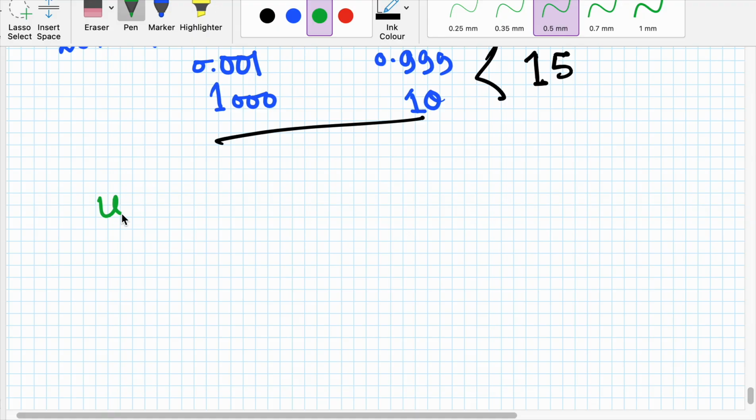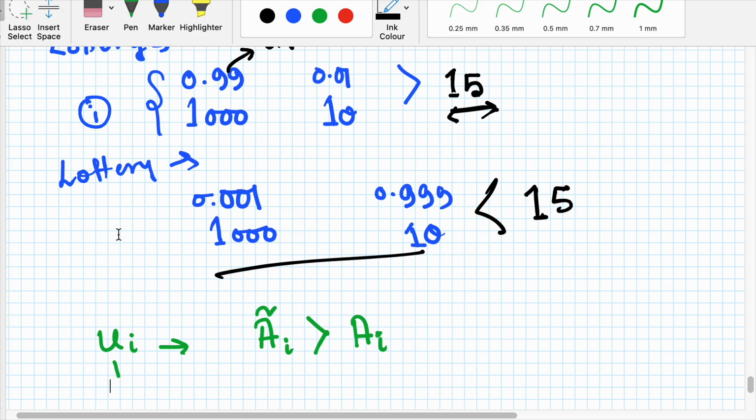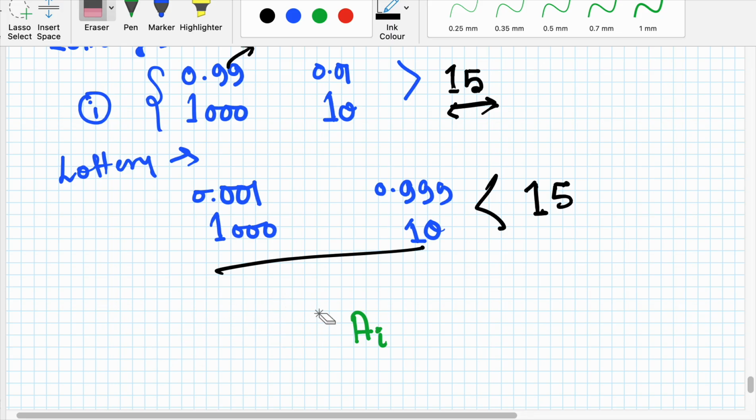There will be some Ui for which certainly this lottery will be preferred over Ai, and if I increase the Ui, okay, let me represent it in this way to make clear what the Ui is.